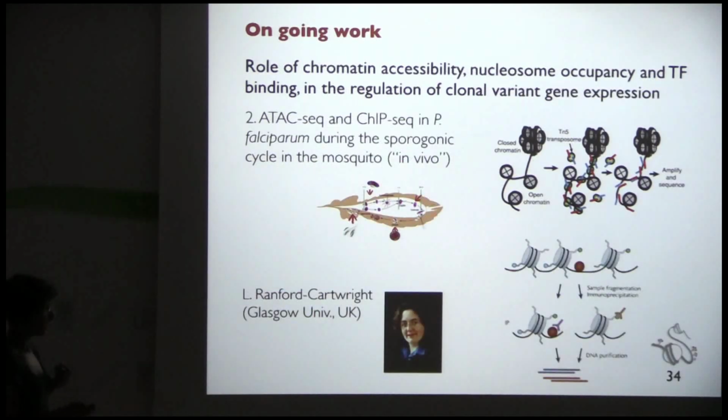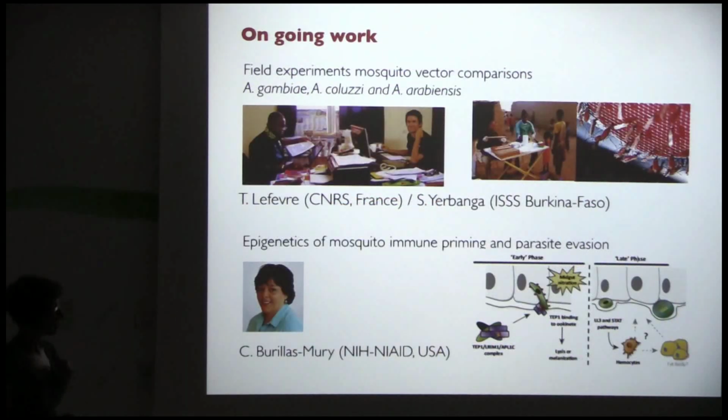And then this fall, I'm doing the same thing, but in the context of the life cycle of the parasite in the mosquito. And I'm doing this in the context of a collaboration with Lisa Cartwright at Glasgow University. And then also something that we will perform next year will be the comparison, because as I said, the other hypothesis that we have is that the regulation of these clonally variant genes is mosquito driven.